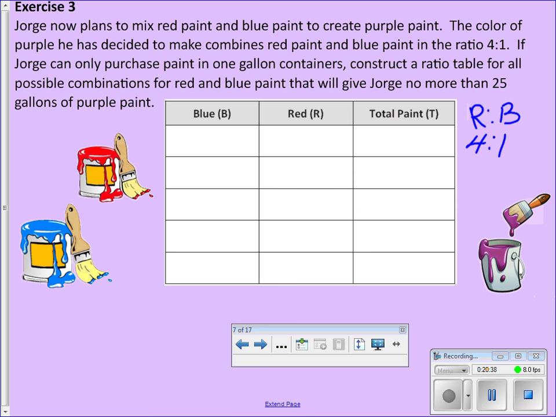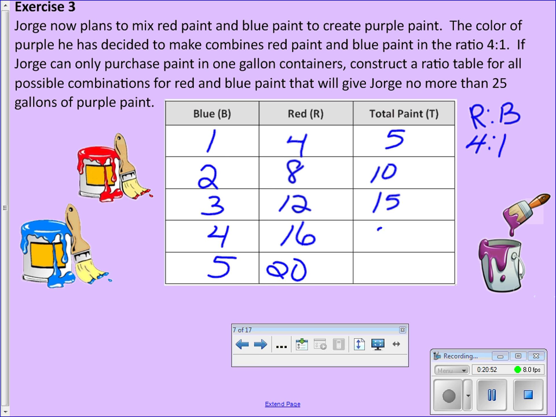But look at how our table is set up. 1 to 4. So 2 to 8, 3 to 12, 4 to 16, 5 to 20. So that would make total gallons of paint, because we don't want more than 25 gallons of purple according to the problem. So quickly fill in your dots. Somebody sees their equation already.